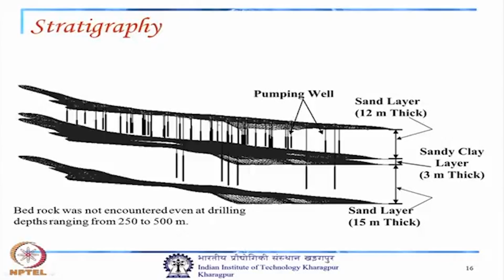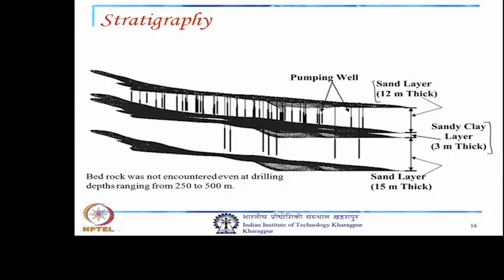So, we have considered the top portion only for modeling. So, first we have considered a 12 meter thick sand layer, then second one is 3 meter thick sandy clay, and the last one is a sand layer with 15 meter thickness.